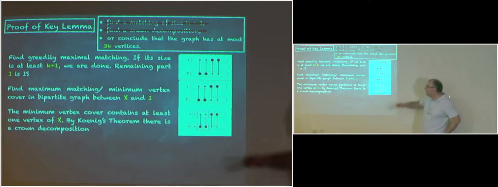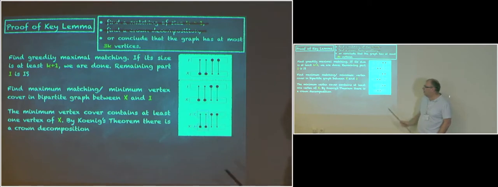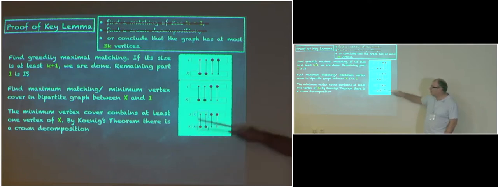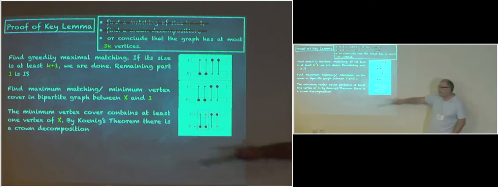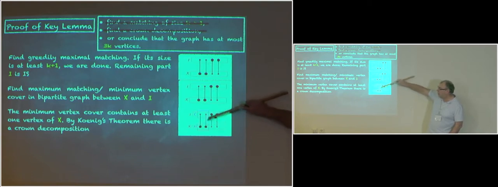So if I look at the vertex cover in this graph, the first case is if the vertex cover of my graph contains at least one vertex of X. Now, I am using Koenig theorem, and I say that this set X will give me a crown decomposition. So how come? I have a bipartite graph and I have a vertex cover, so part of the vertex cover lives here, and part of the vertex cover lives here.